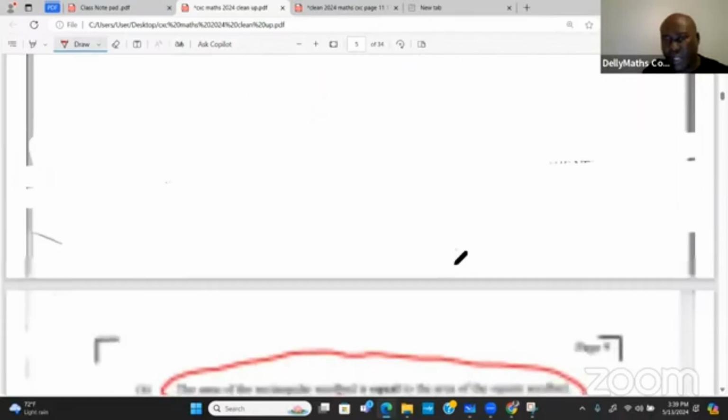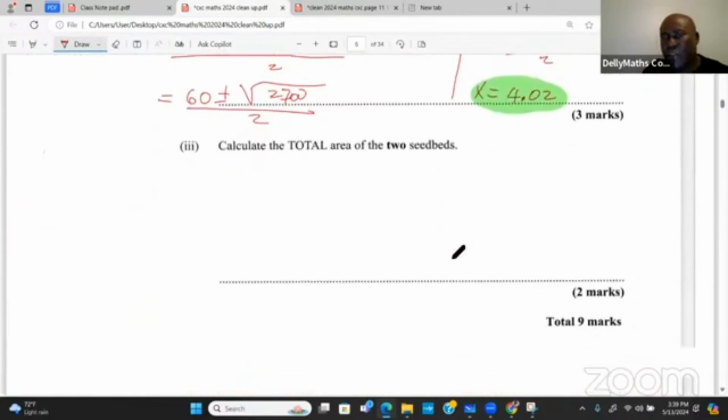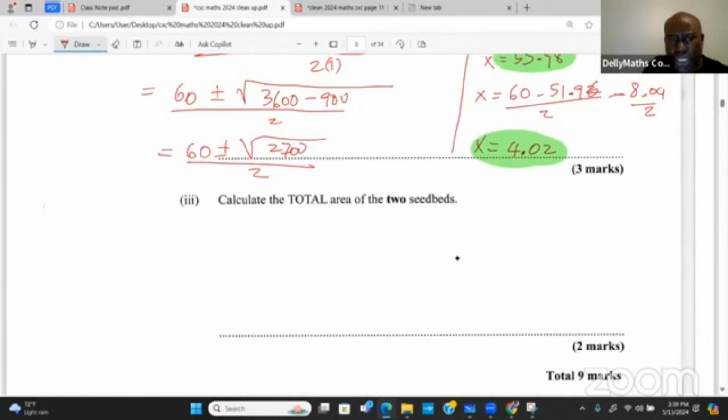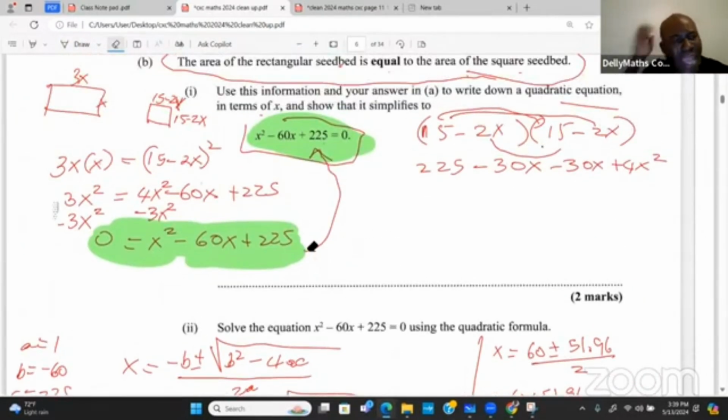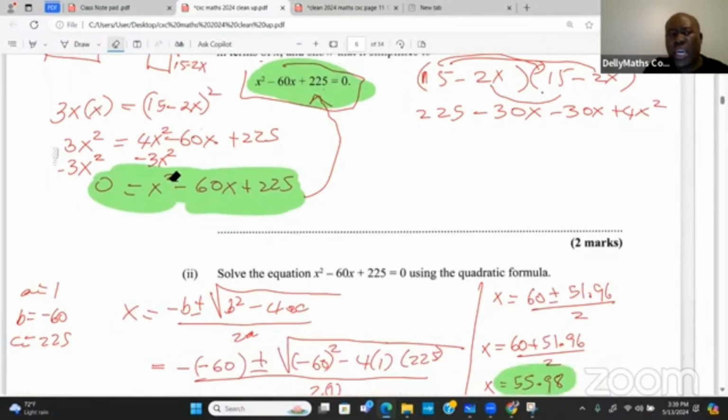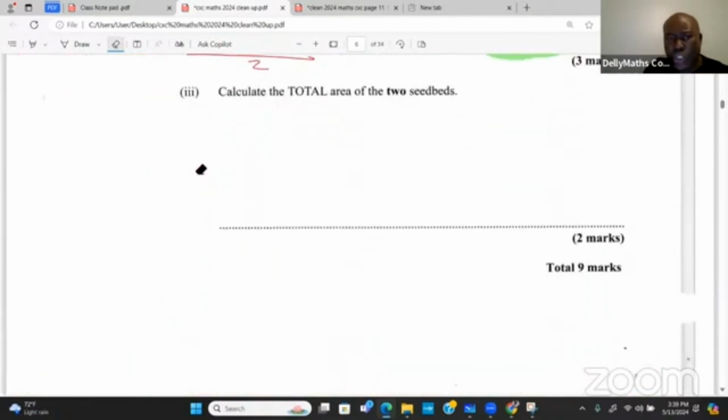So 4.02 is good. So take a look. Let me show us the ideas that we got right here. This idea is actually representing the area, because we have area equal area here, and we broke this down. So whichever way you want to do it and put it together, you could do it like this.